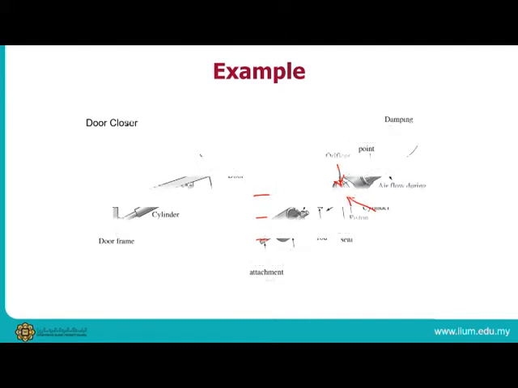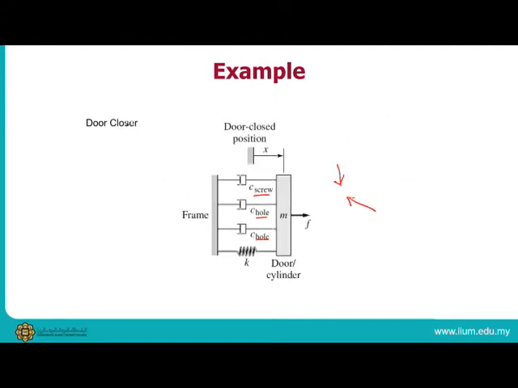But basically, to simplify this, you can combine all these three dampers into one damper, where you have a frame, and then a damper, as well as a spring. So you can draw it like this as well, instead of representing each hole as one damper. So this is considered as C, which is the summation of all three dampers here, and then you have mass here. So this is how you draw a free body diagram.